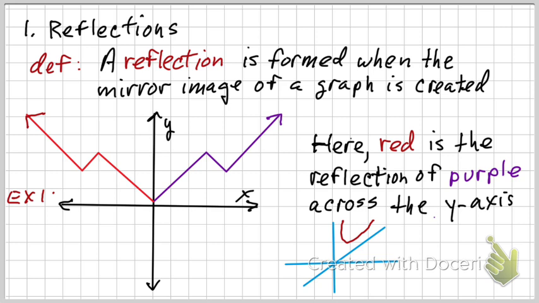So it would be maybe like that. So it could be that slanted line that you've got the reflection across. It doesn't have to be an axis is all I'm getting at. Not much of a drawing, but I hope it gets the point across.